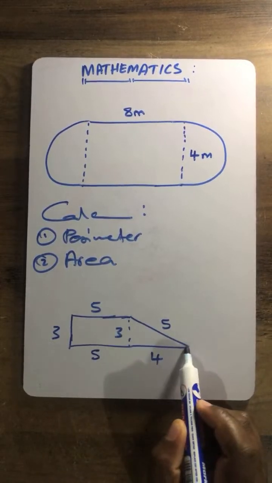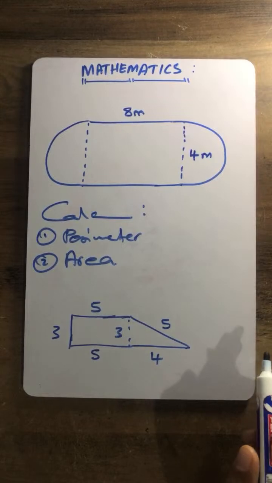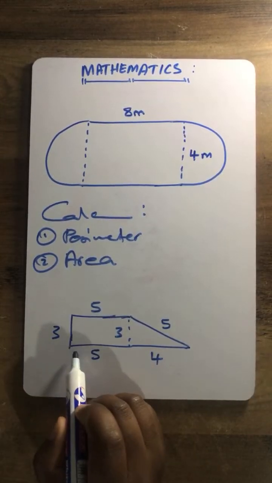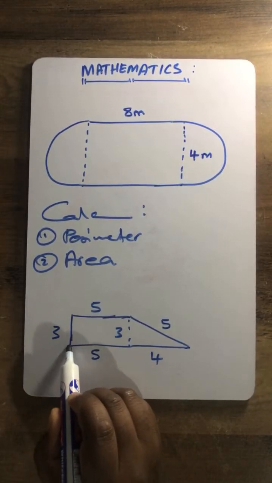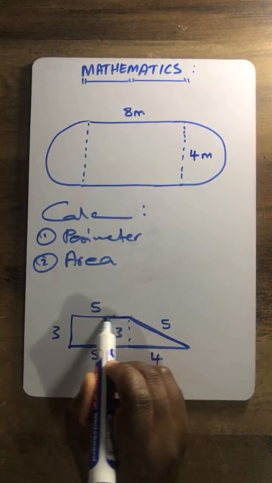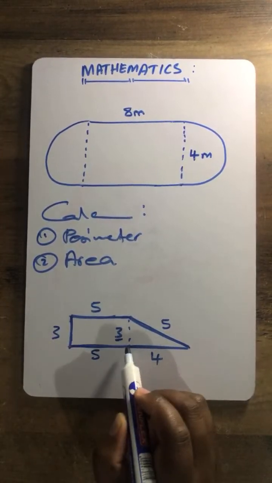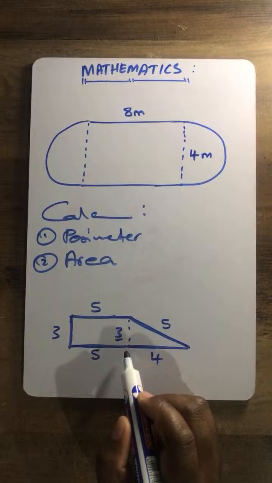So now I'm wondering, where did I make a mistake? Because the perimeter, you add all the outer sides. So that means you add that, that, that, that, and that. You don't add this one because it's not the outer length.